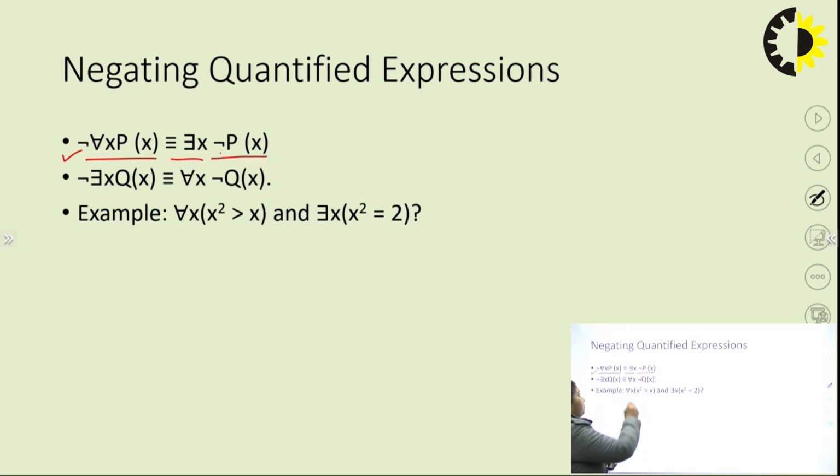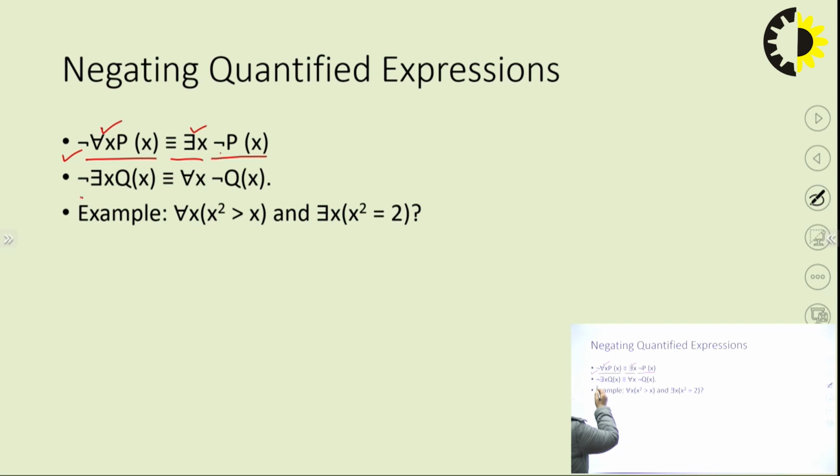It means there exists x such that negation of Px is true. Negation of Px is true means for this particular x, Px is false. So, in negation, the for all is converted to there exists x. It means for this we get a value for which it is not true.